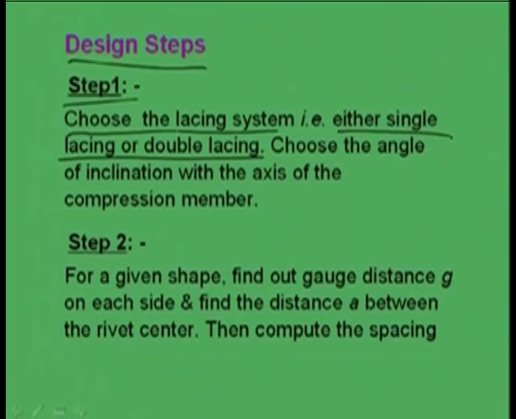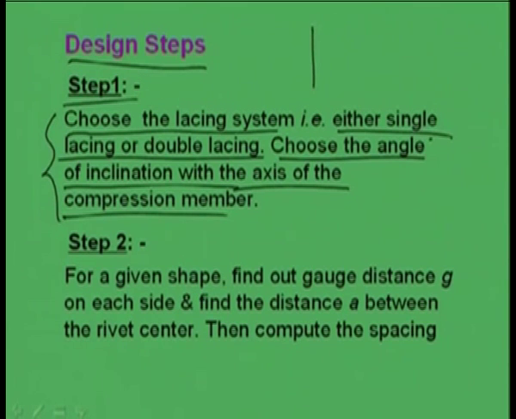On the basis of all those, he or she can assume whether we will go for single lacing or double lacing. However, at the starting point we can use either single or double lacing, and accordingly the lacing dimensions will come into the picture. If we consider single lacing, lacing dimensions will come accordingly. If we consider double lacing, the dimensions will change, right. So, first step will be to choose the lacing system, whether single or double lacing, and then choose the angle of inclination with the axis of the compression member.